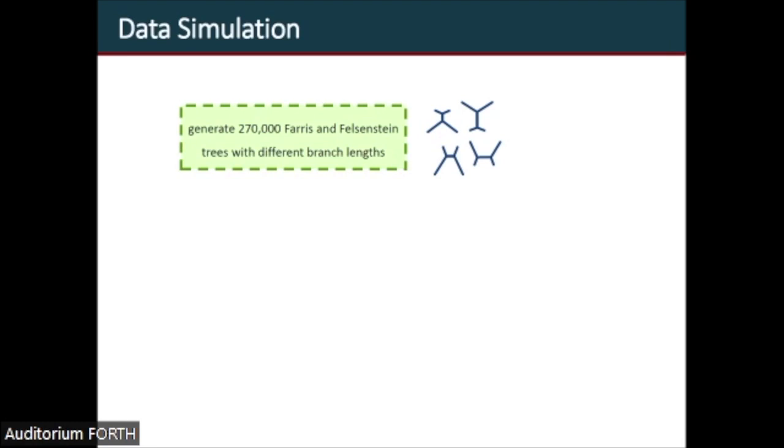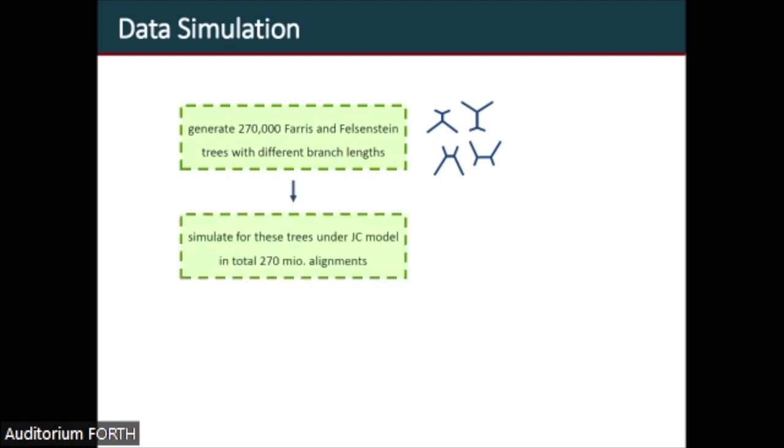For this, we generated 270,000 Ferris and Felsenstein trees with different branch lengths. We also sometimes consider trees with a long inner branch, just to have all branch length parameter combinations. Under those trees, we simulated in total 270 million alignments.